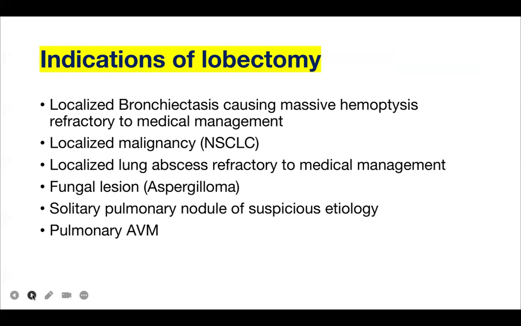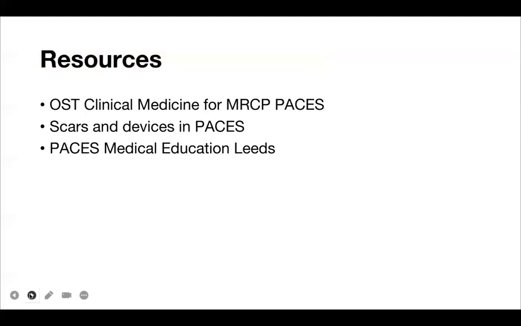Second, it could be localized malignancy, localized lung abscess, sometimes a fungal ball or aspergilloma, and a solitary pulmonary nodule of suspicious etiology. And last but not least, pulmonary arteriovenous malformation. These are the causes of lobectomy. Particularly, aspergilloma is more prevalent in case of upper lobectomy.